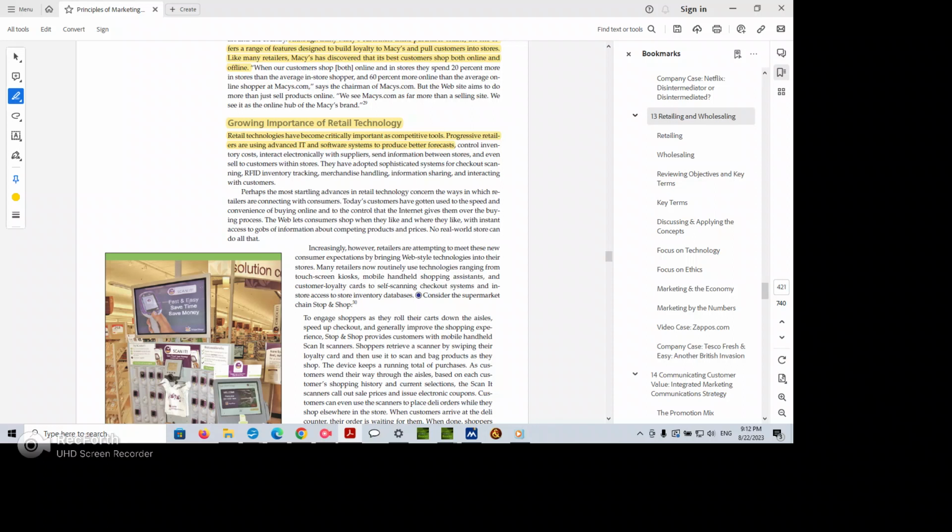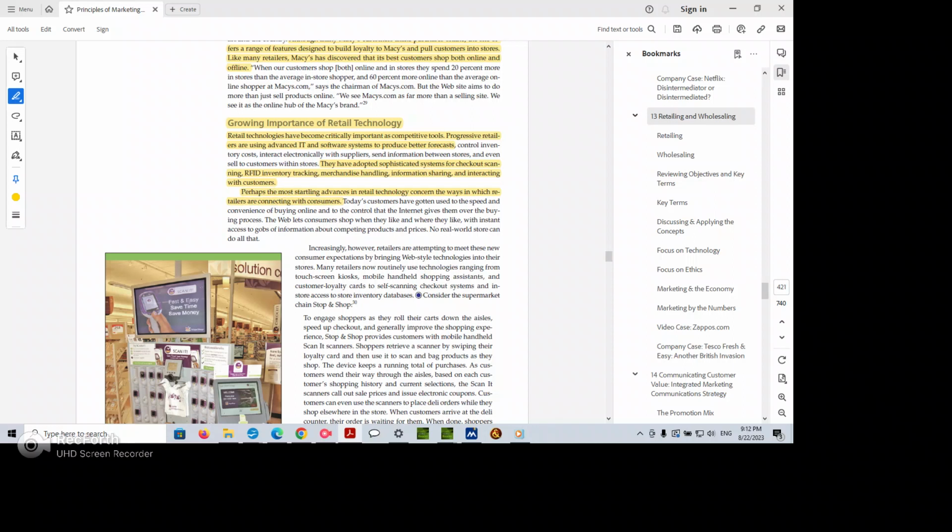They have adopted sophisticated systems for checkout scanning, RFID inventory tracking, merchandise handling, information sharing, and interacting with customers. Perhaps the most startling advances in retail technology concern the ways in which retailers are connecting with consumers, and also concerning as well.